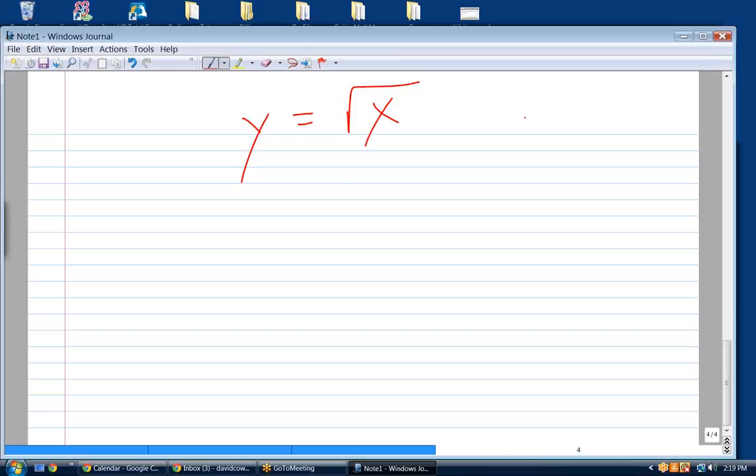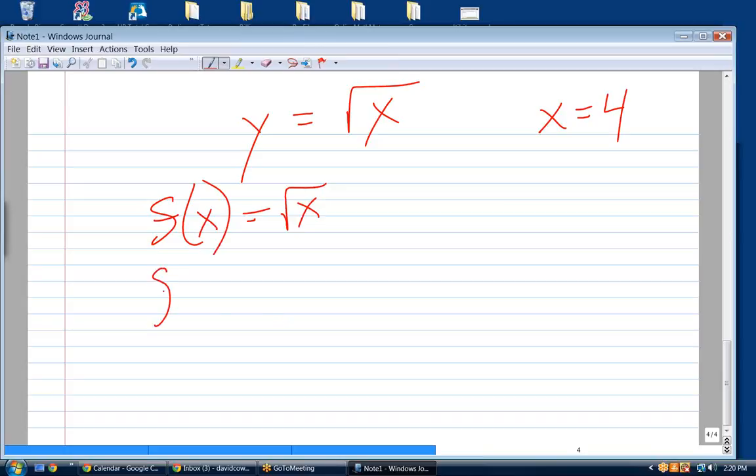And if I want the linearization of this function at x equals 4, there's a nice tabular way for doing this. First of all, on the left side, I'm going to say f of x equals square root of x. That's the function. Then I'm going to find f prime of x.